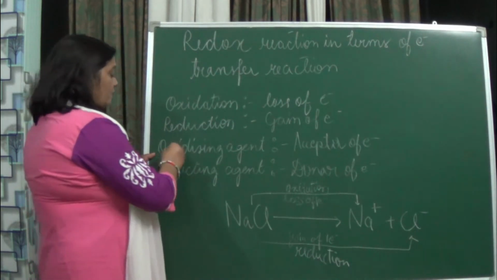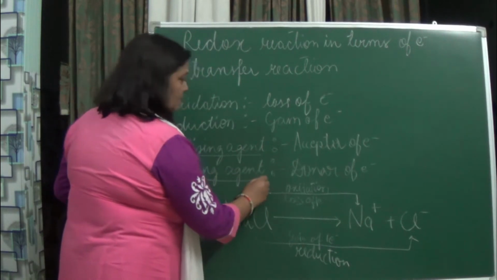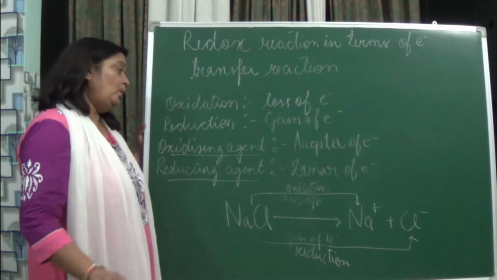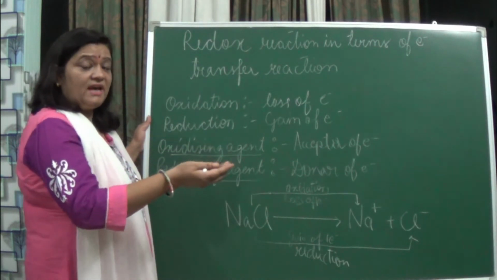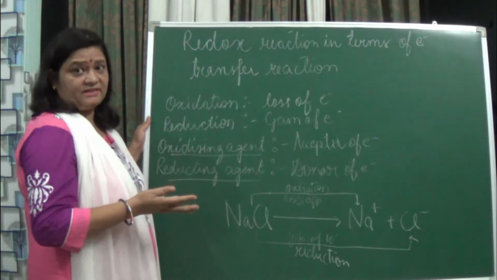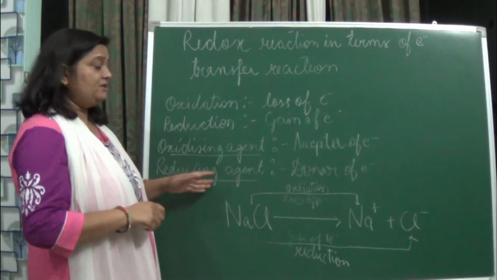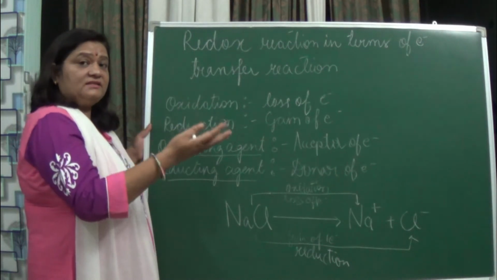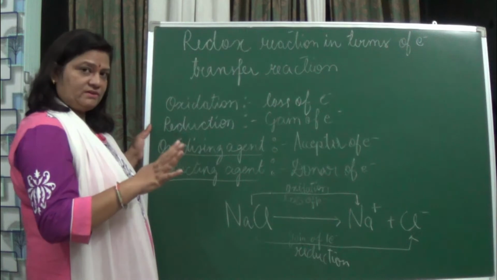Now, oxidizing agent and reducing agent. Oxidizing agents are those agents that, when they react with some other substance, oxidize that substance and themselves get reduced. A reducing agent reduces the other substance and itself gets oxidized.